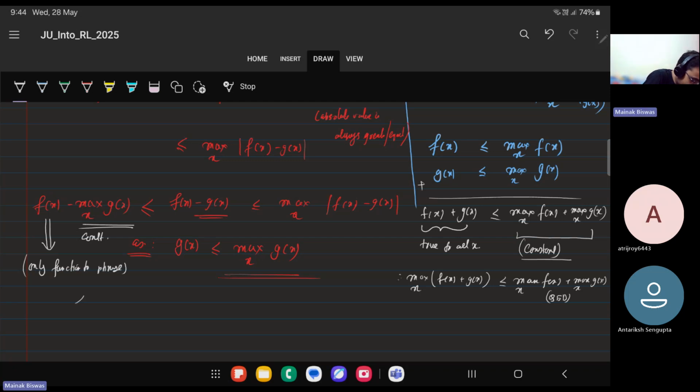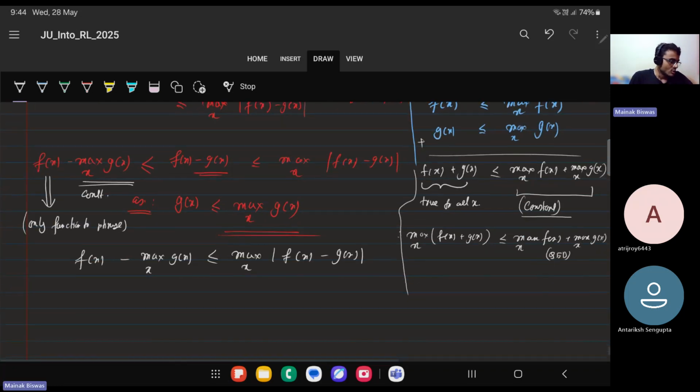So I can say that f(x) minus max of g(x) is less than max of f(x) minus g(x). Look at this carefully now. When you look at this, what happens?